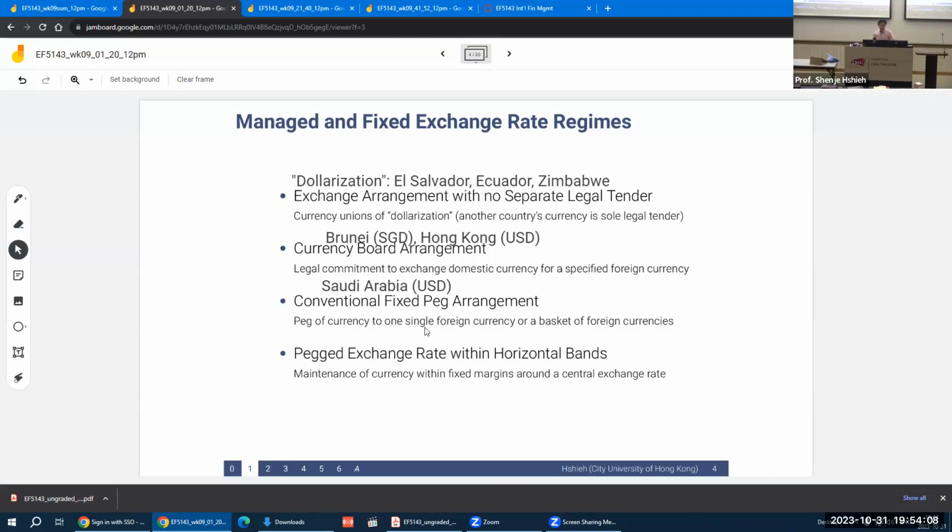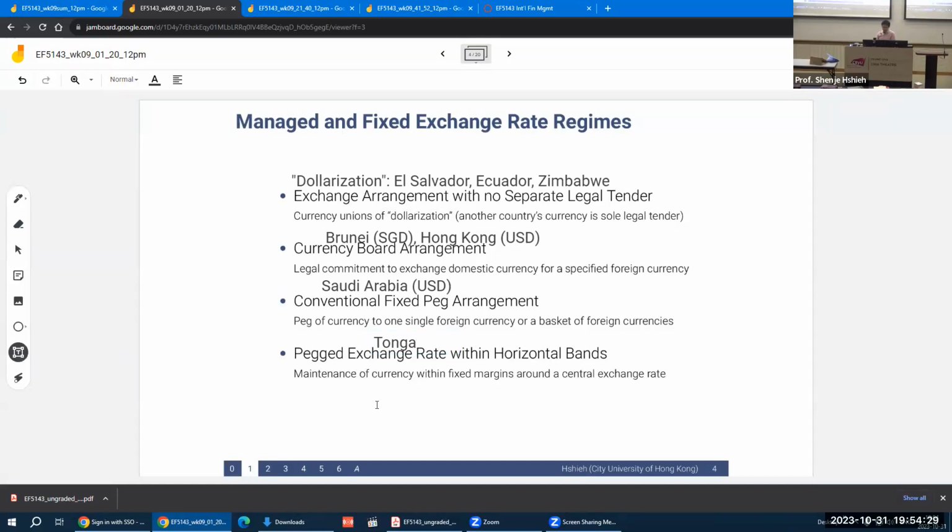All right, so let's talk about more middle ground stuff. Pegged exchange rate with horizontal bands. This is something like Hong Kong, but the band is kind of arbitrary. I'm not exactly sure what it is, but a country that's cited as an example is Tonga.